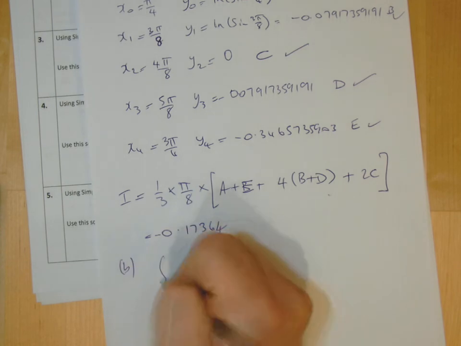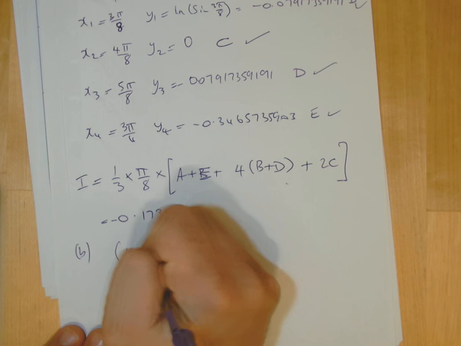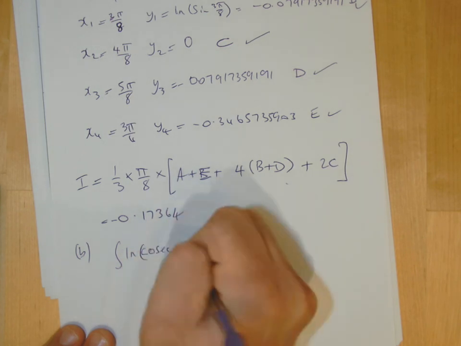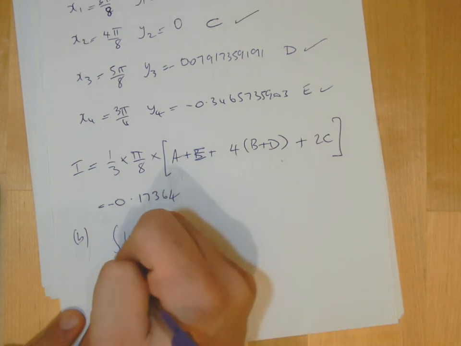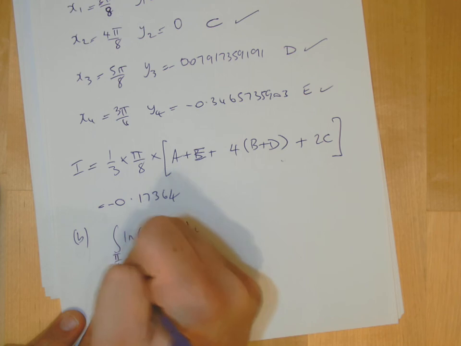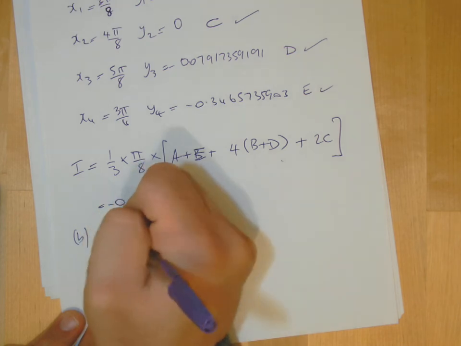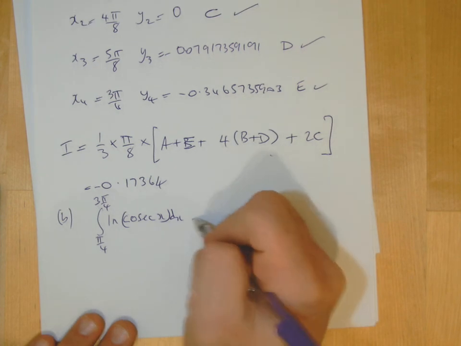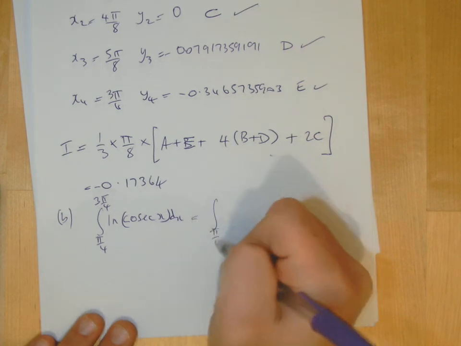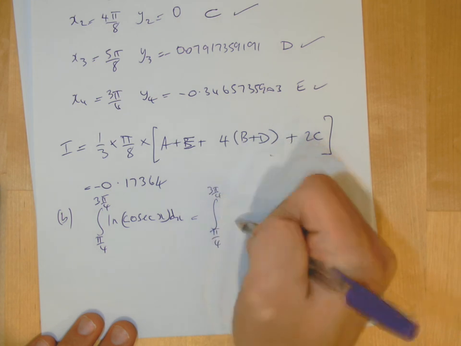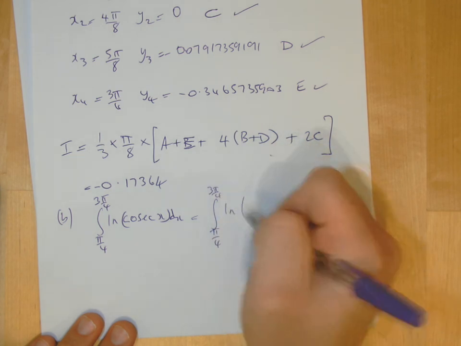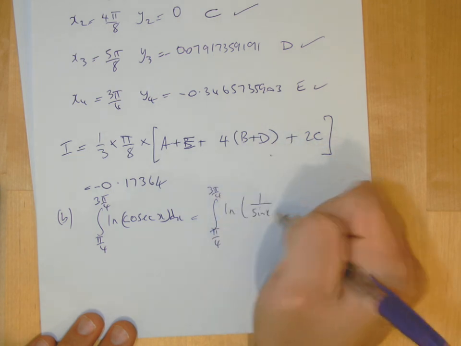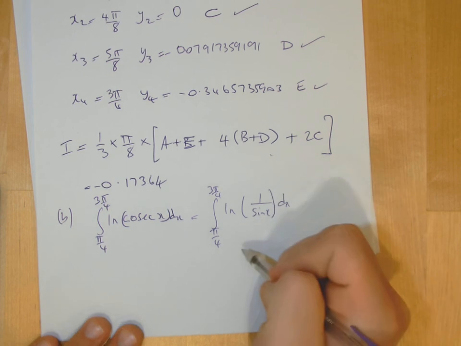Part B then asks for the integral of ln cosec x dx between pi over 4 and 3 pi over 4. Now what you need to remember is this is the same as ln of 1 over sine x, dx, because that's what cosec is, 1 over sine.